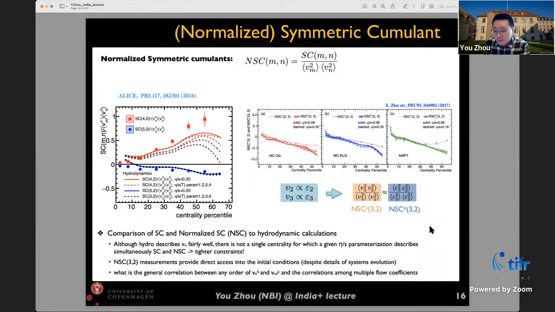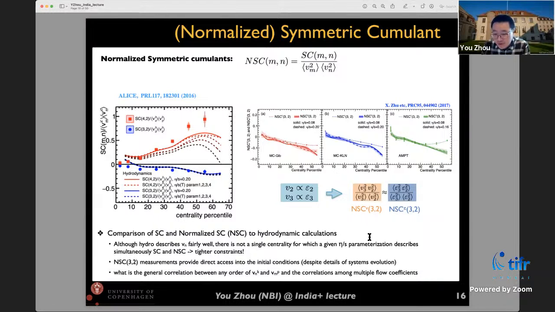And this is not a surprise, because we are talking about linear response. So V2 is linearly correlated with eccentricity epsilon 2, and V3 is linearly correlated with epsilon 3. Therefore, with such a linear response, you would expect that the final state correlation between V2 and V3 will be equivalent, or approximate at least, to the initial state epsilon 2, epsilon 3 correlations.